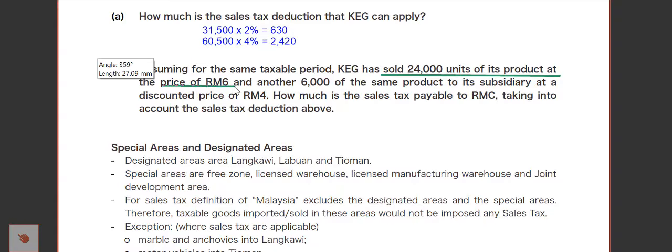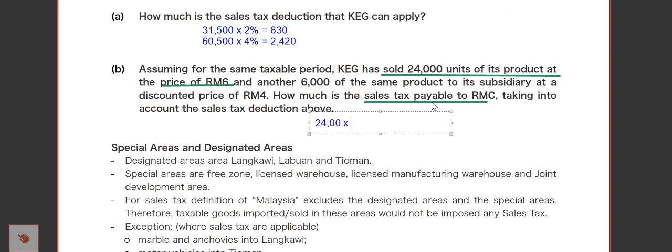So how much is the sales tax that's payable to Royal Malaysian Customs, taking into account the deduction? Now, you are supposed to take 24,000 times 6 plus 6,000 times what? 6 as well, because I've told you, right, the value for your selling price is at arm's length.